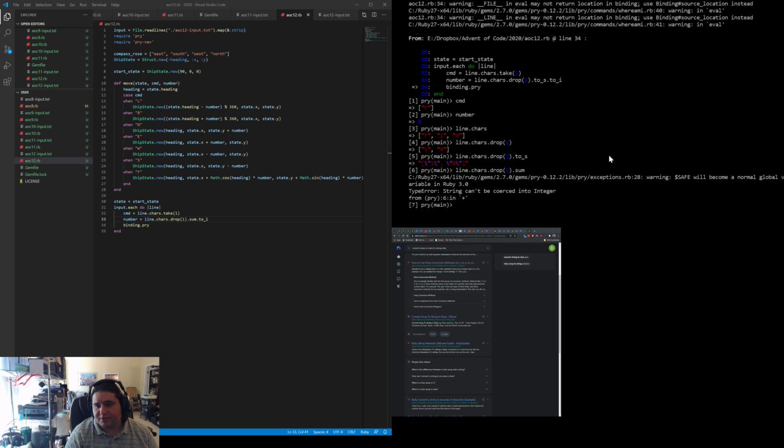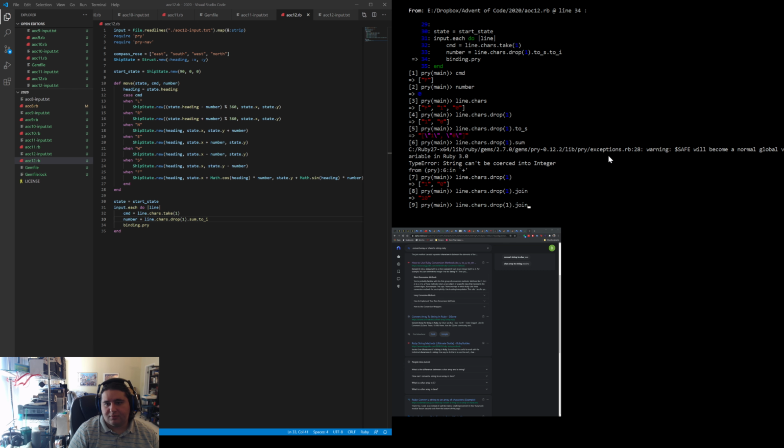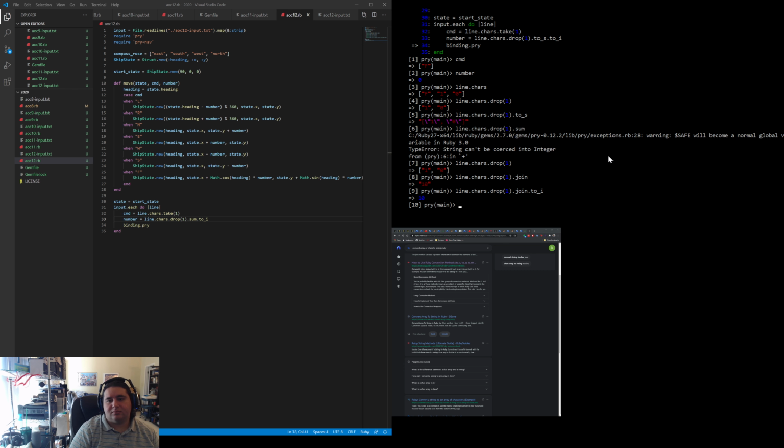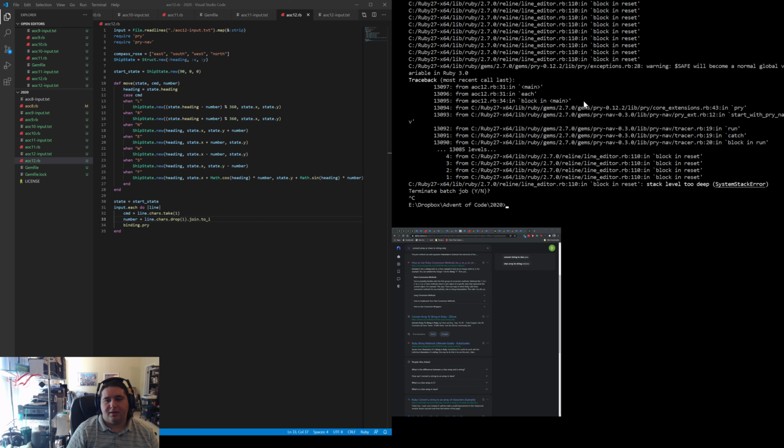String cannot be converted to integer. Okay, that's not going to work. So I've got the literal string 1 and the literal string 0, and I guess dot join maybe will work. There we go. Yeah, all right.